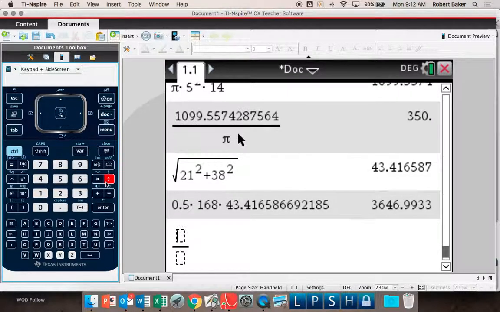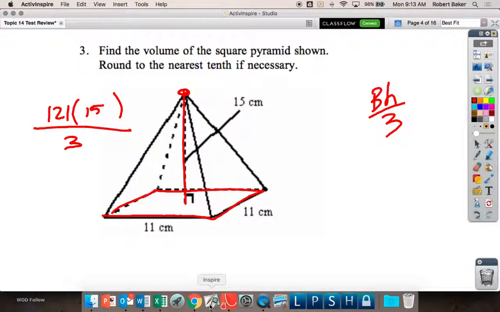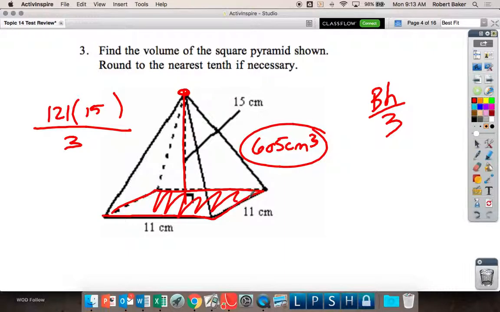I like to do 121 times 15, all that divided by 3. 605 perfectly. I don't have to round anything. 605 centimeters squared. Nope, cubed. The area of the base, 11 times 11, is 121.